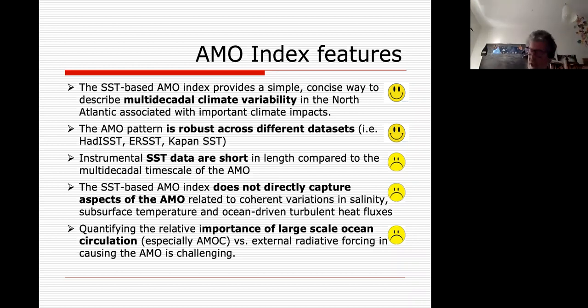So we don't know if the changes in SST are due to changes in the solar radiation balance, the budget, or in advection of heat by circulation. And this is also a critical point to understand. So the final take-home message is: the AMO index is good, it is robust, but this is not the whole story.